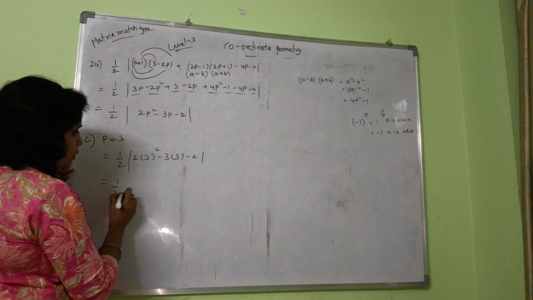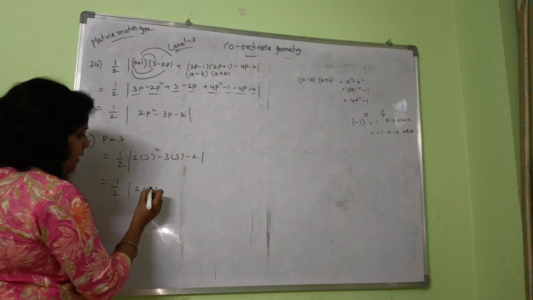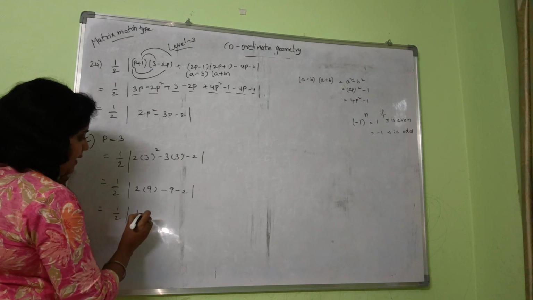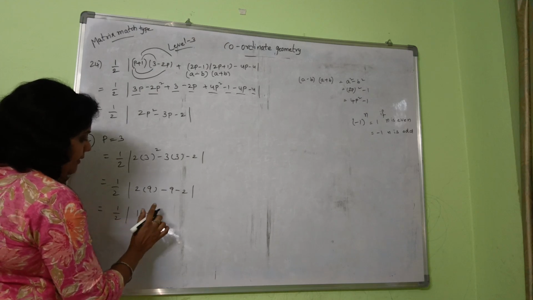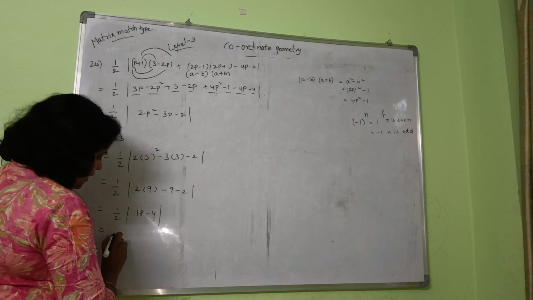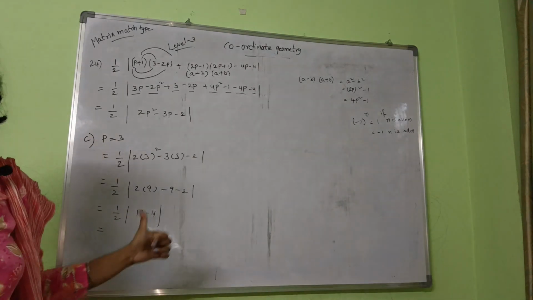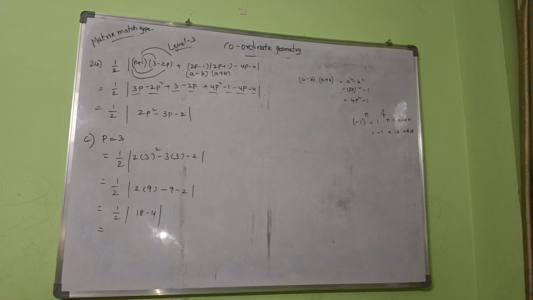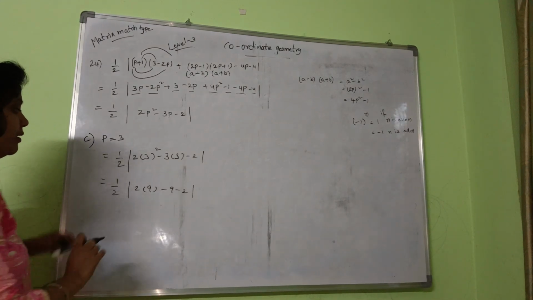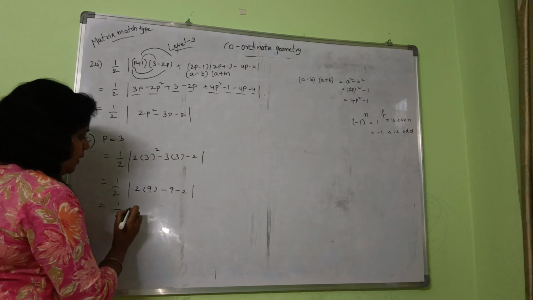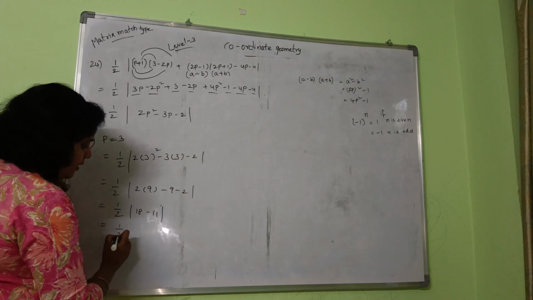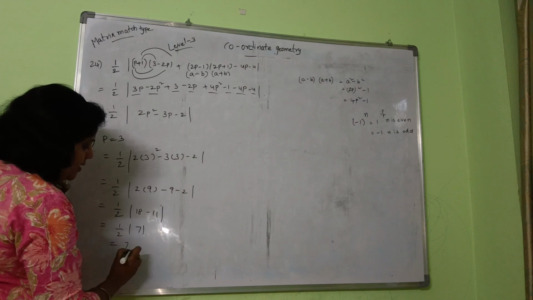So 1 by 2 into 3 square is 9, 3 3s are 9, minus 2. 1 by 2 into 2 nines are 18. 18 minus 11. So 18 minus 11 is 7. That is 7 by 2 is the answer.